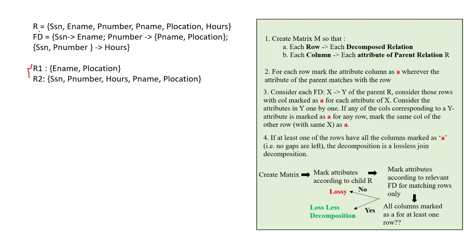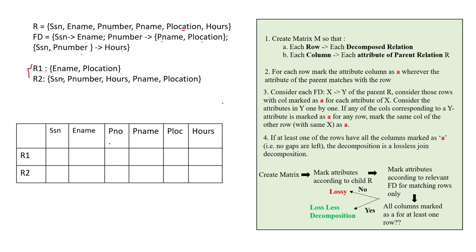See, here we have the same relation R with SSN, E name, P number, P name, P location, Hours, and we have the functional dependencies: SSN giving E name, P number giving P name and P location, SSN and P number giving Hours. And then we have two decomposed relations, R1 which contains E name and P location, and R2 which contains SSN, P number, Hours, P name and P location.